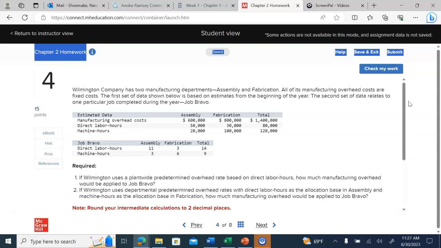So what we need to figure out is we need to come up with a predetermined overhead rate.